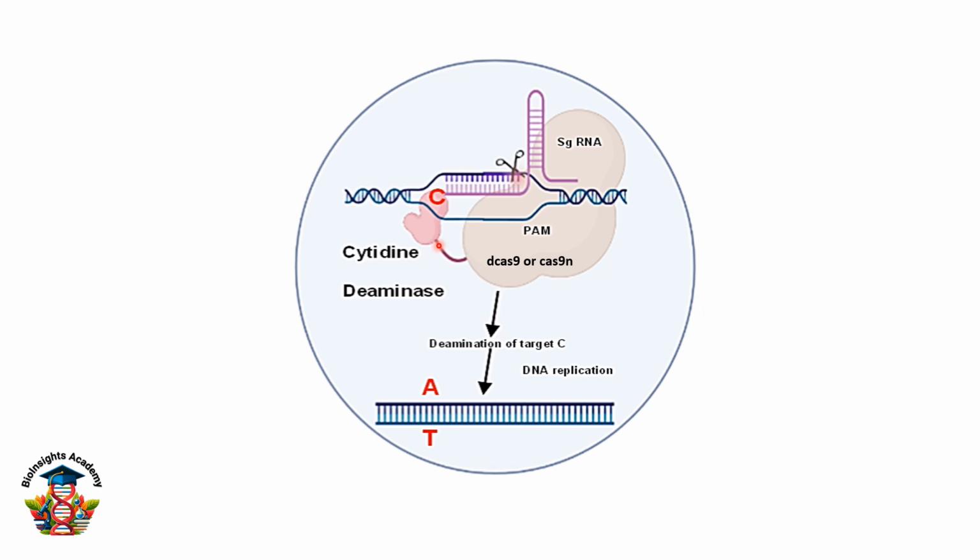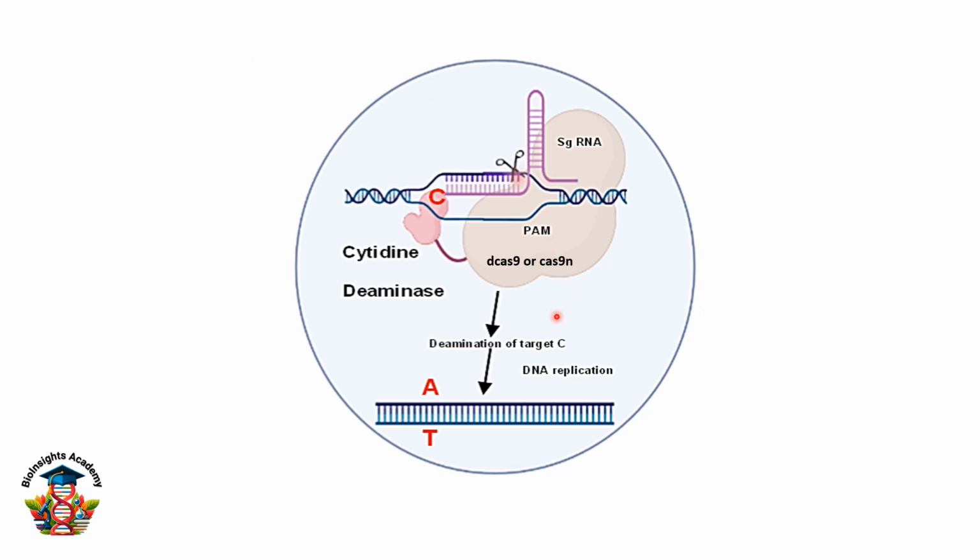So the cytidine deaminase converts a cytosine base in a target DNA strand to uracil. During DNA replication or repair, the cell's machinery recognizes the uracil and replaces it with thymine, so U is read as T, resulting in a C to T and G to A base change on the complementary strand.